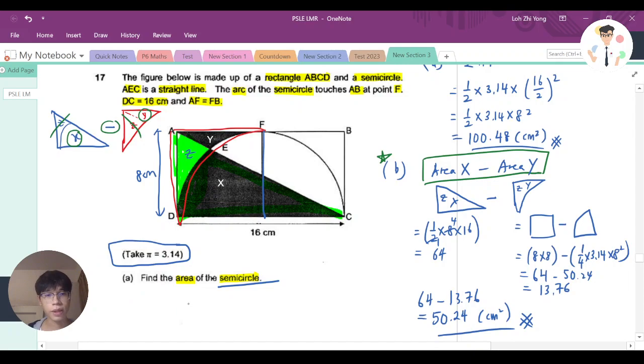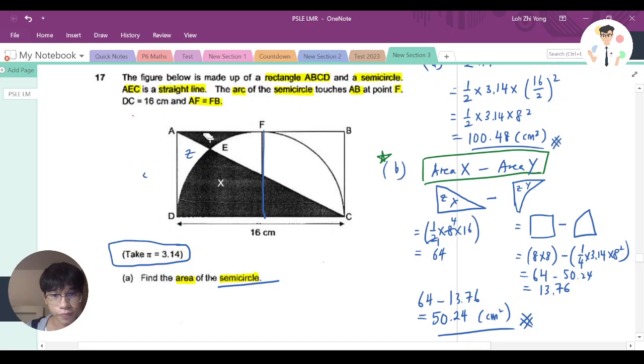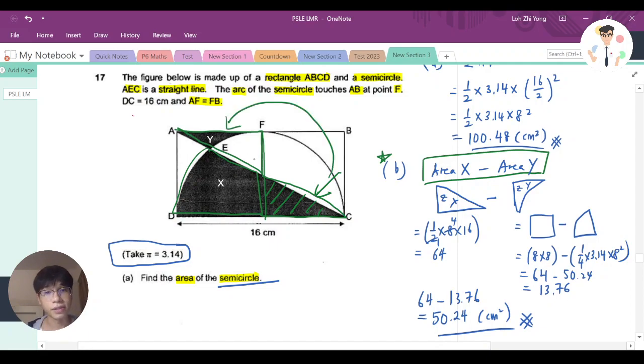See, let me just remove all the drawings here. What is interesting is this part. Let me just draw this line. You notice that this triangle is actually the same as this triangle. Actually, I can keep this part and not touch it. But I take this triangle and move it here, and try to minus.